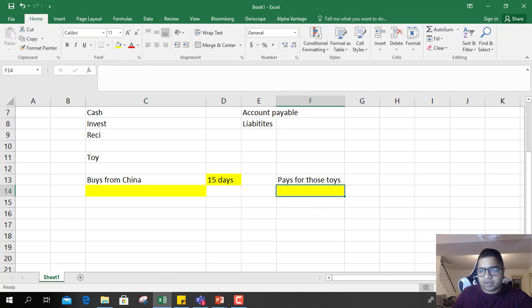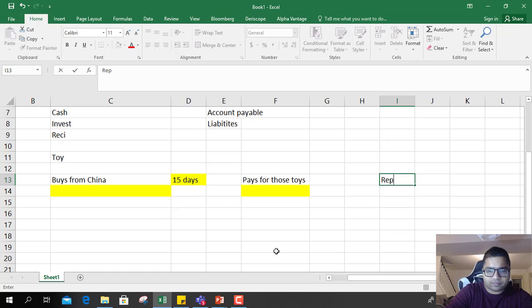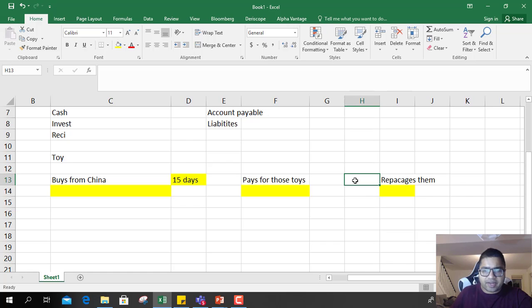Okay, then it repackages them, creating inventories. So let's say it takes 15 days for it to get the toys and repackage them into Canadian products.